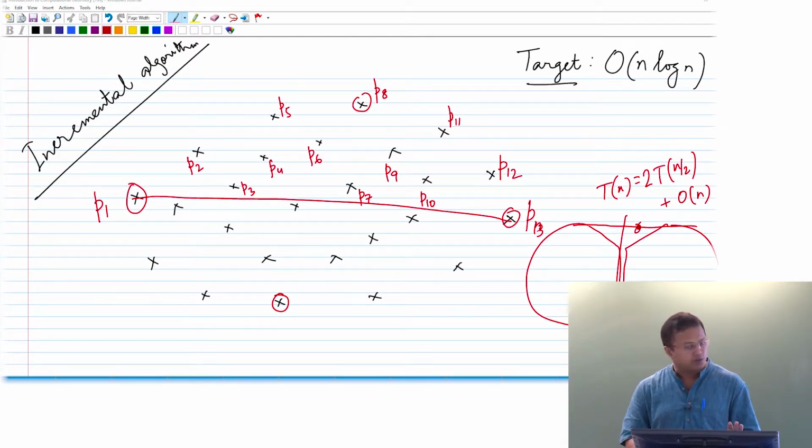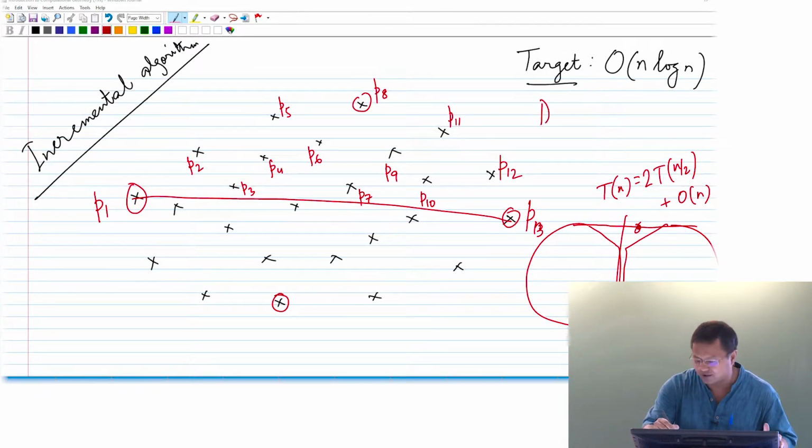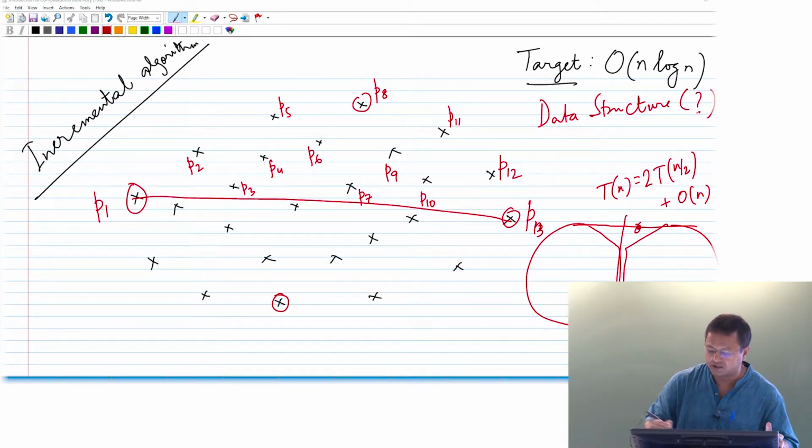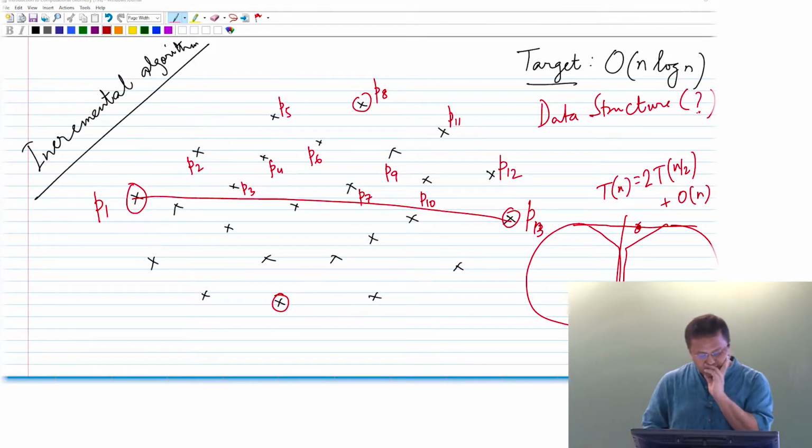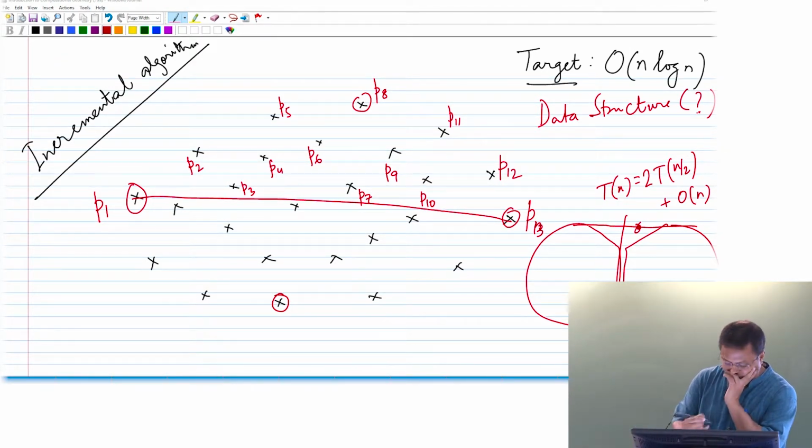Now, this algorithm, rather let me not say it to start with, we will use some data structures. We will see what we use. Now, the idea of this algorithm would be as follows.